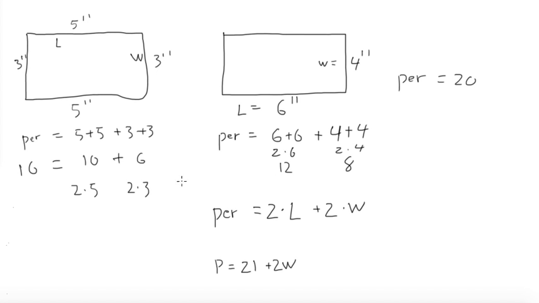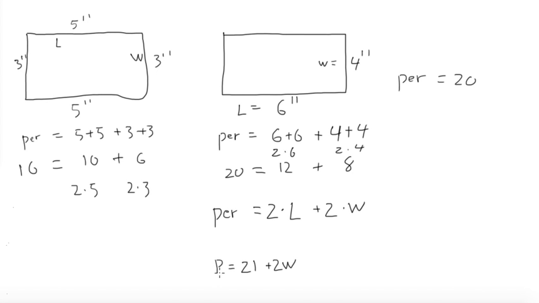So this changed into 20. 20 equals 12 plus 8. 16 equals 10 plus 6. All right? And so the perimeter changes based off of the length and width, the measurements of the length and width. Okay?